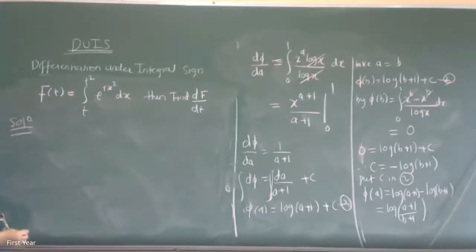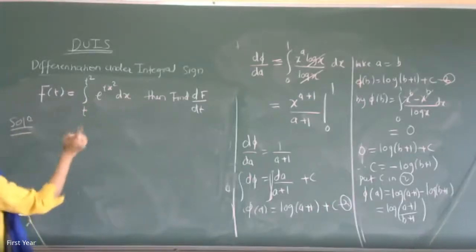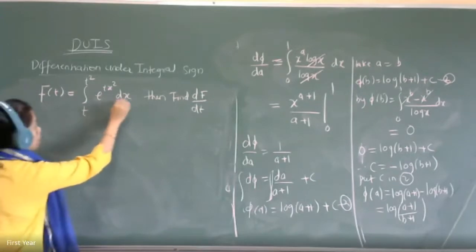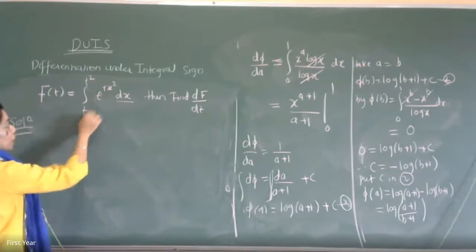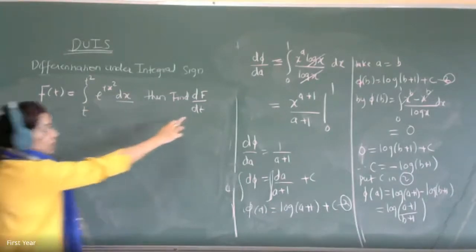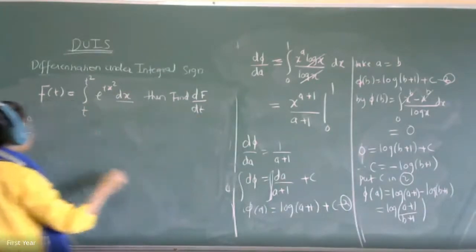Second and third part is right. Yes, rule 2 is applicable. Why? Because I have to do the integration with respect to x and the limits are in terms of t. So t is your parameter. We have said differentiate with respect to t, so t is your parameter.